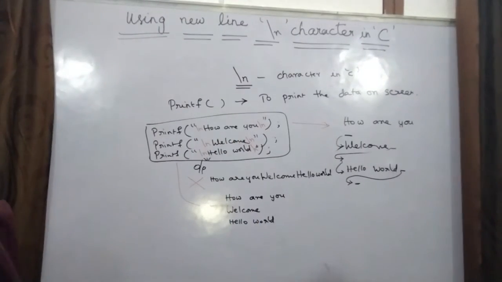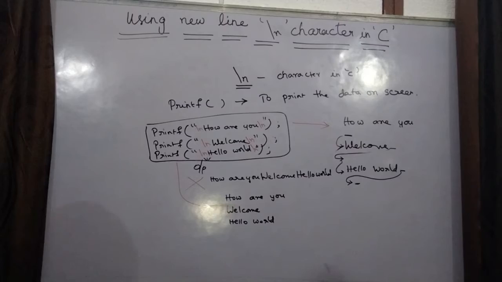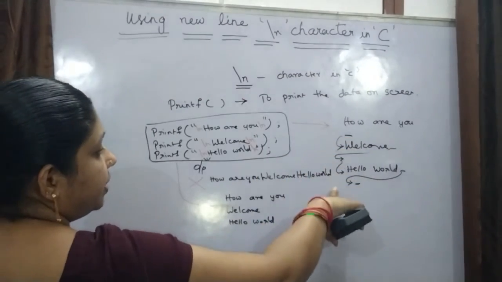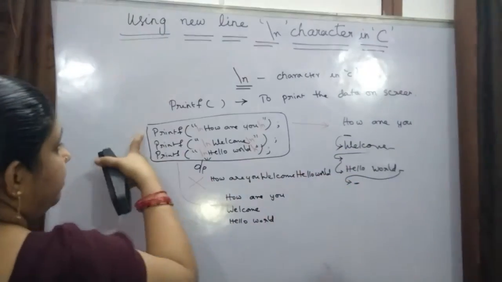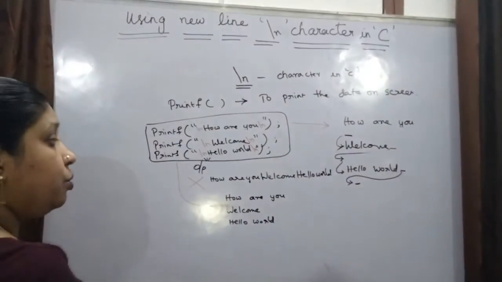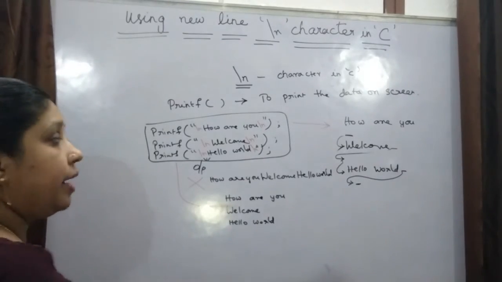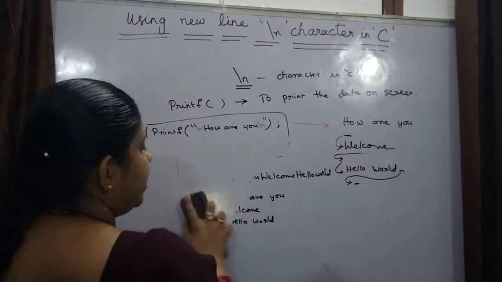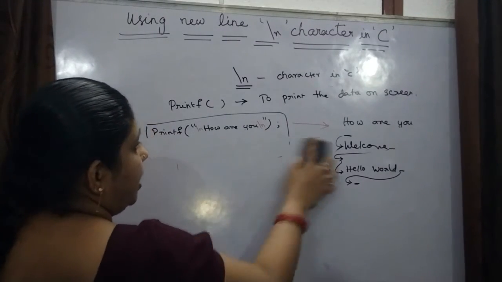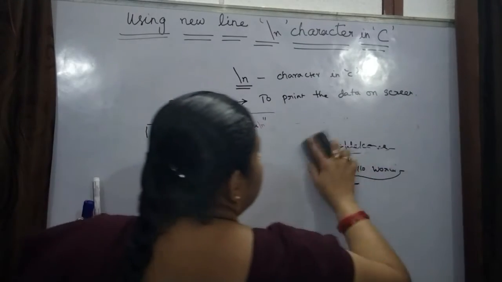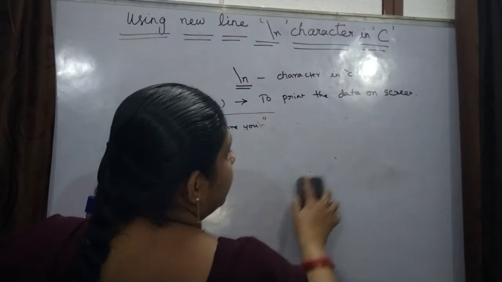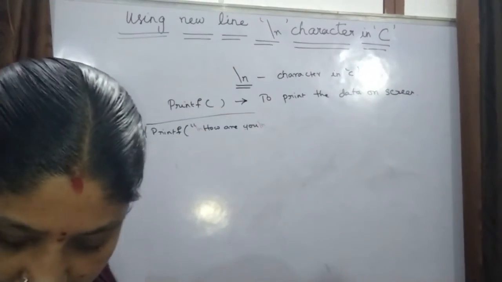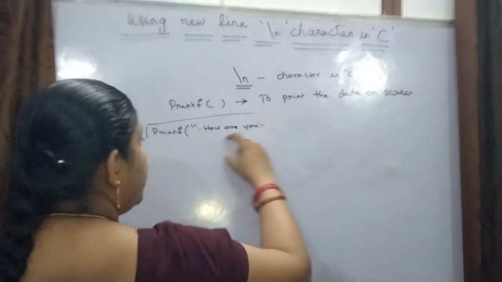Okay, or even you can go with this also. Suppose you want to print all these things. Just now I have printed these things with different printf statements, but you can take only one printf statement and type all the things in one printf statement only by using \n. To print this, you can take one printf statement and start typing in one line.